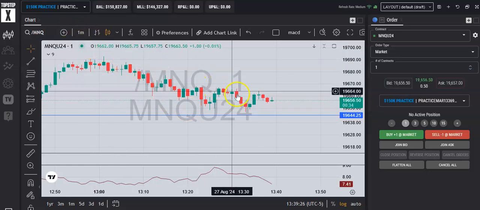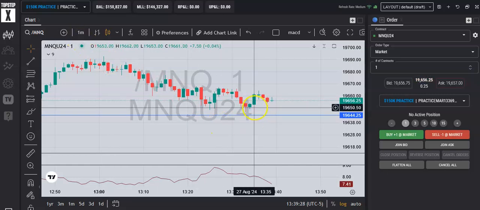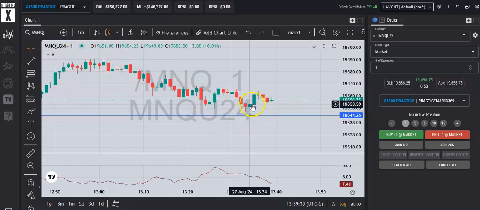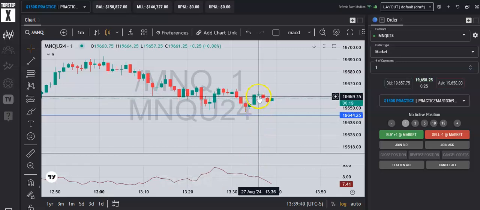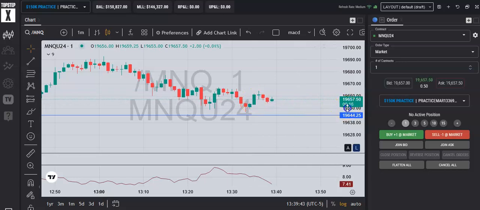I'm on a 1 minute chart, and if I hover over this particular candle and go down below, you can see the average true range right now is around 8, meaning that it's going up and down an average of 8 points.